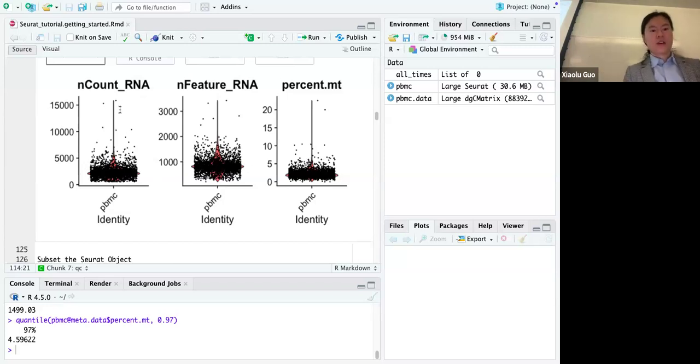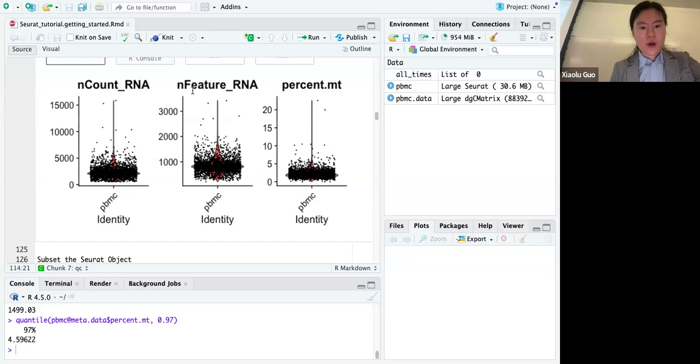What do you think those cells could be? Like, yeah, doublet or multiplet. Yeah, those outliers are probably cells that express two different cell types, where the bead or the droplet captured two cells or more. So we want to exclude those data points.